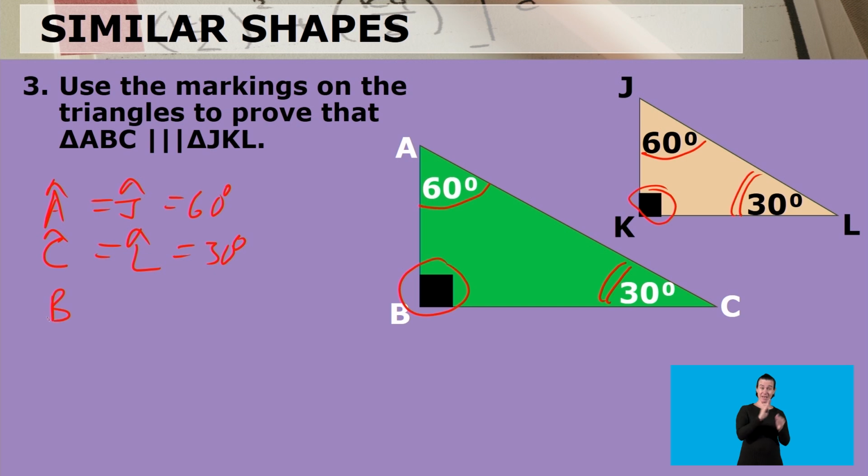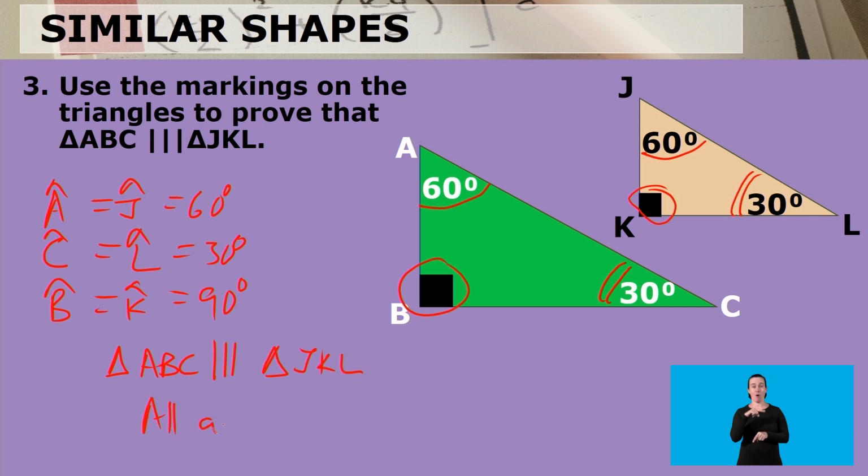And angle B equals angle K, which equals 90 degrees. And therefore, triangle ABC is similar to triangle JKL because all the angles are equal.